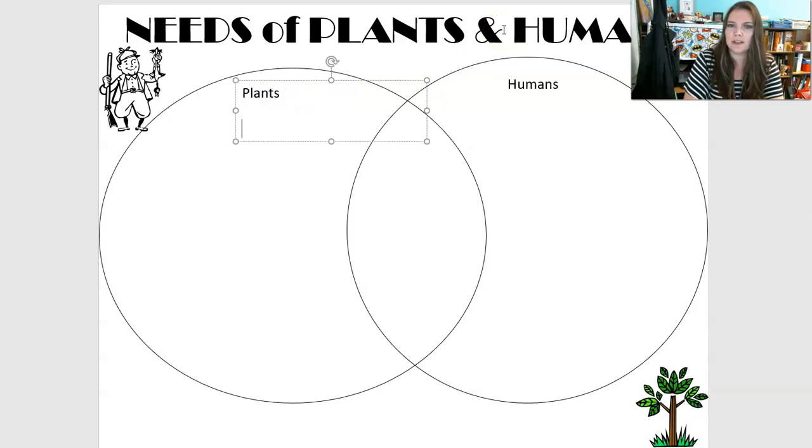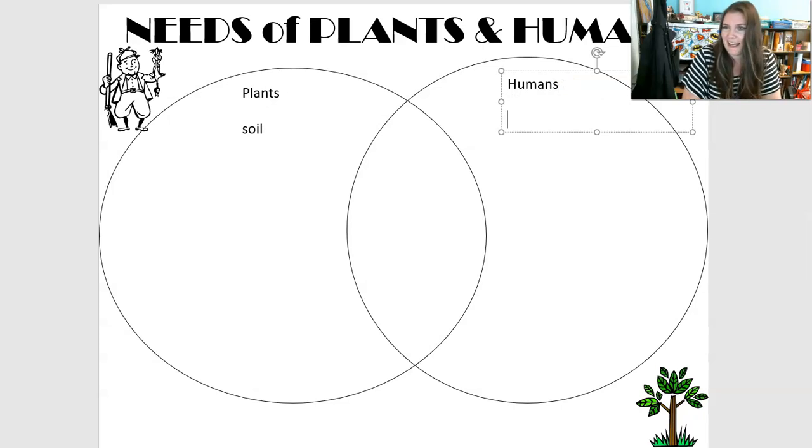So I can put soil in my list of things that only plants need. Humans don't need that, right? Something that humans need that plants don't need, I'm going to have to think about that and put something in there that humans only need. What is it that only humans need?